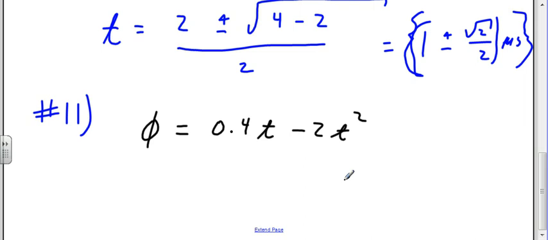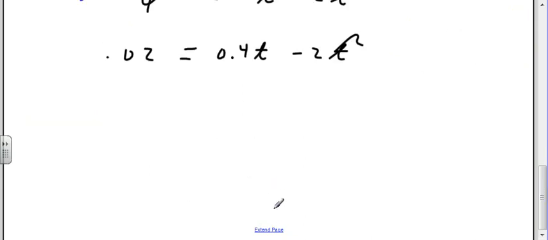All right, find t in milliseconds. Okay, so I've got 0.02 Webers is 0.4t minus 2t squared. All right, well, let's multiply everything by 100.